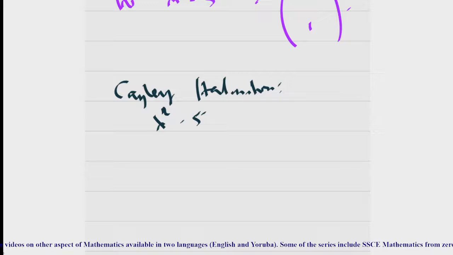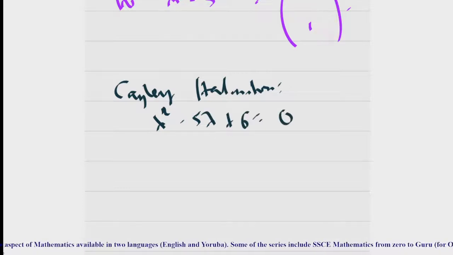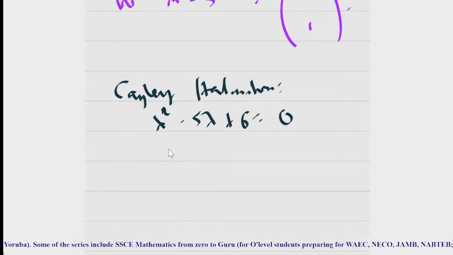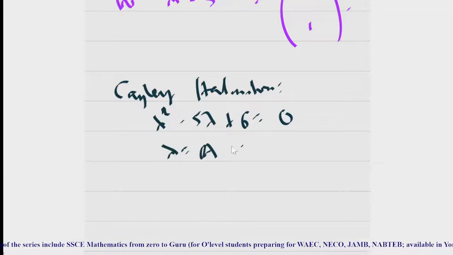What the Cayley-Hamilton theorem is saying is that when you replace lambda with the matrix A, you are going to have 0.